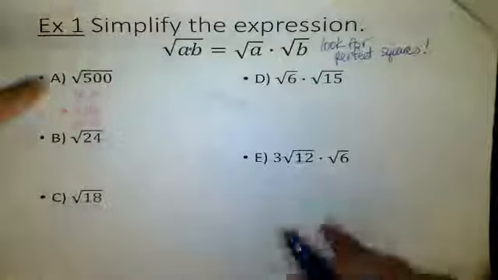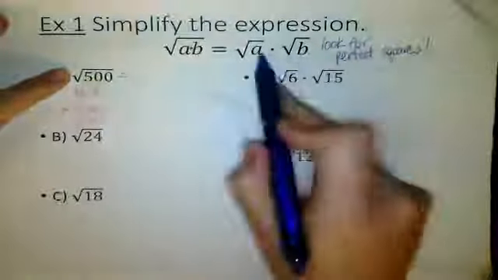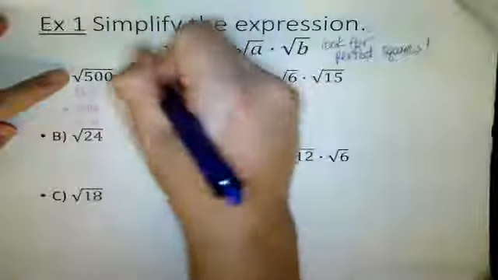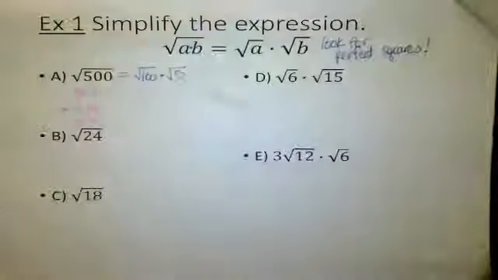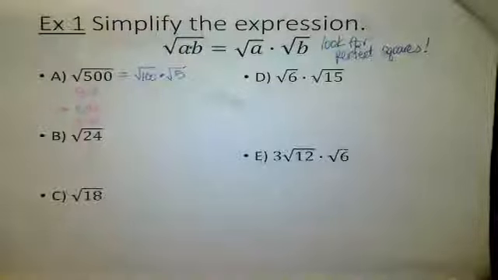So I can rewrite radical 500. I can break it apart into the square root of 100 times the square root of 5. Lots of choices, but we want to be strategic with our choices. We're choosing the largest perfect square factors that we can find.